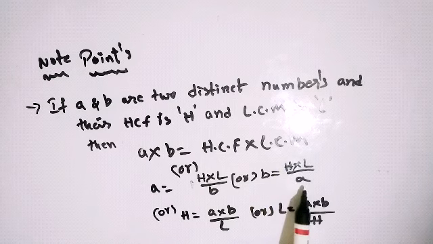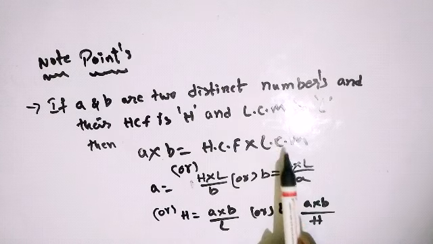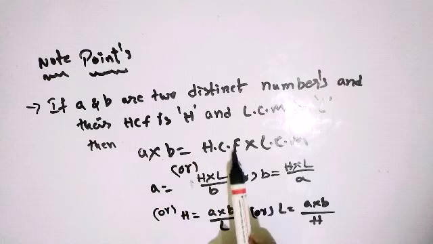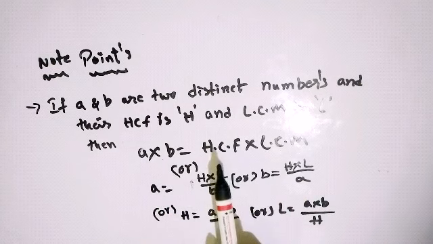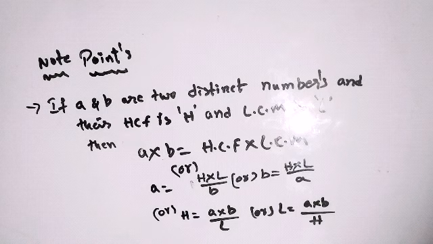So H into L by A. Or else if you want to find HCF, that is A into B by L. Similarly, for LCM, A into B by HCF, that is H. So these many possibilities we have by applying this formula: A into B is equal to H into L, that is HCF into LCM. If we have two numbers and the LCM and HCF, the product of two numbers is equal to HCF into LCM.